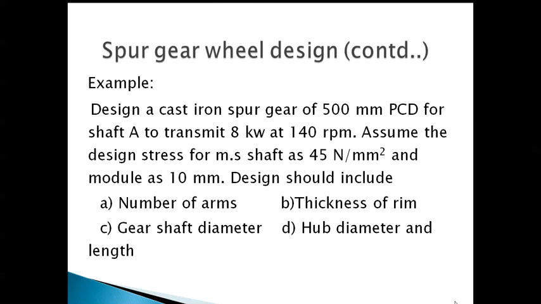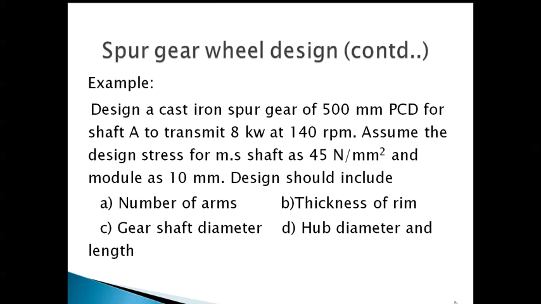So what is the given data? Here the pitch circle diameter is given, that is 500 mm, and the shaft transmits power of 8 kilowatt at 140 rpm. From this you can find the torque. Power, rpm and the design stress are given.